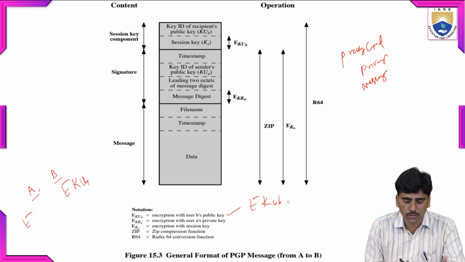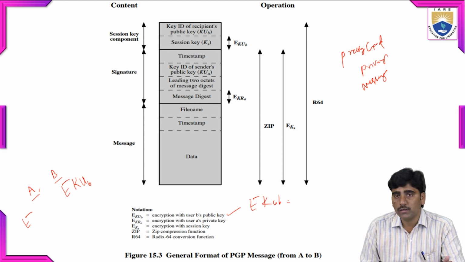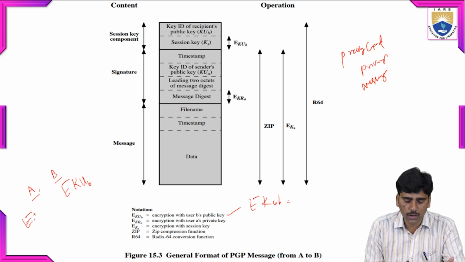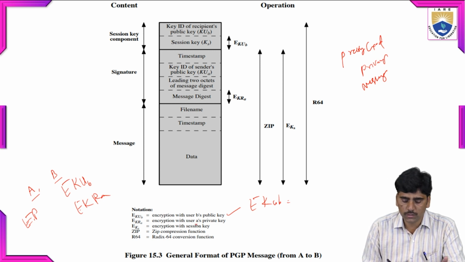So encryption of the key with user B's public key. Similarly, EKRa is encryption with user A's private key. And EKs is encryption with the session key.